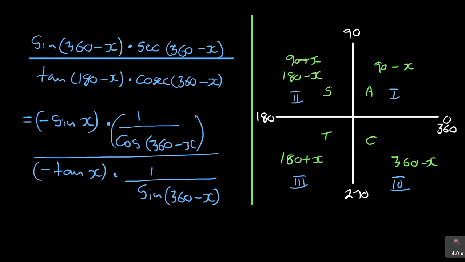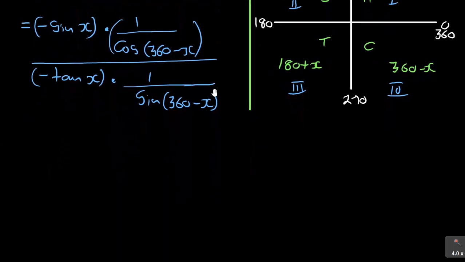Now when you've done that, we can continue quickly to simplify, and this will become minus sin x. Now we simplify our 1 over cos(360 minus x).